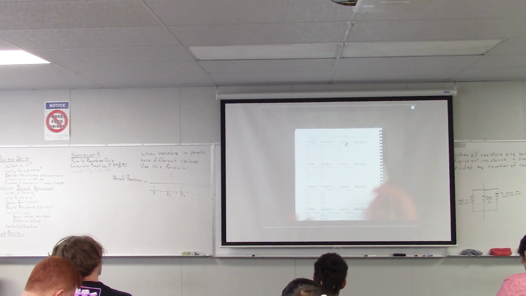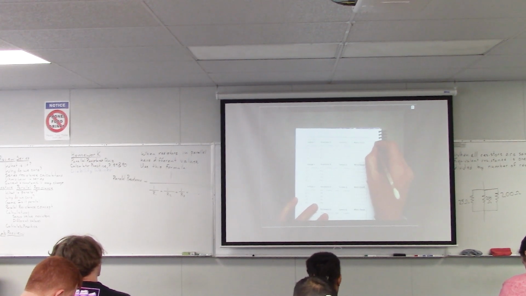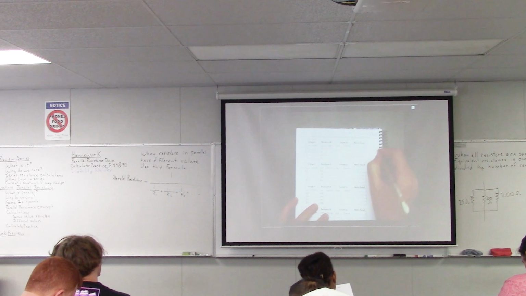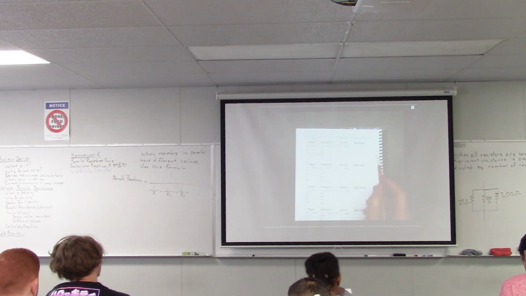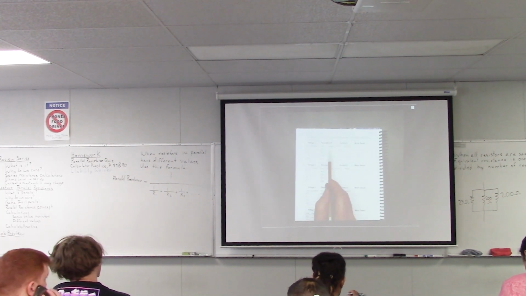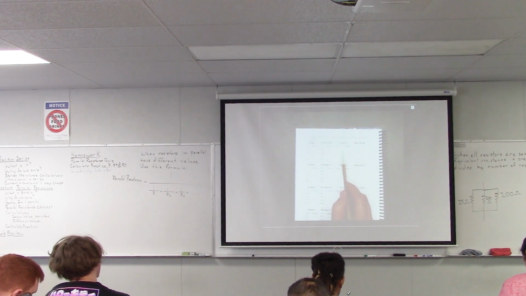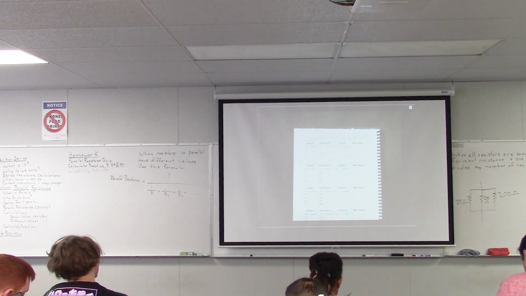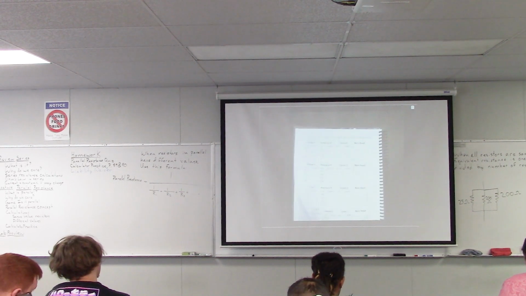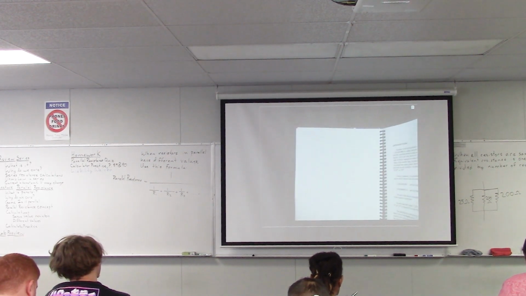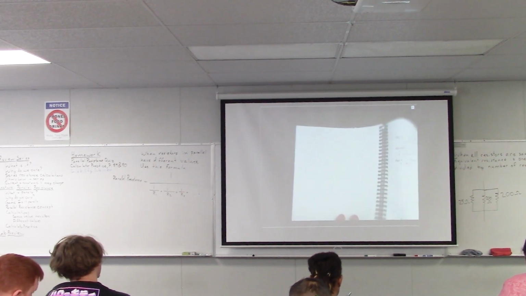So again, you would use Ohm's law, V, I, and R. So in this case, you would just write down I equals V over R. So you would just find your voltage, find your resistance, and then divide the voltage by the resistance to give you the current. Yeah. Okay. So back to the lab here.